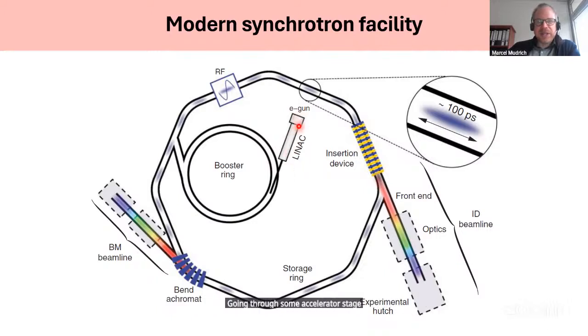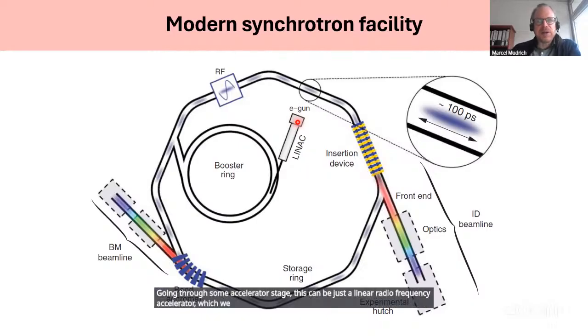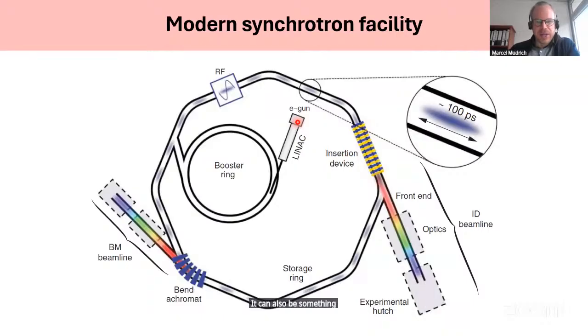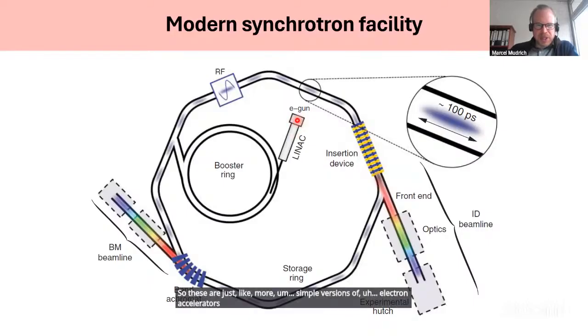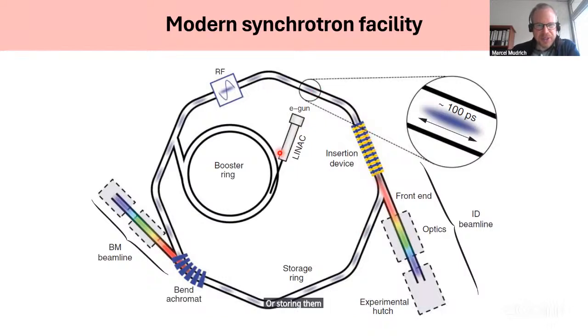This can be just a linear radio frequency accelerator, which we have looked at. It can also be something slightly more involved, like a microtron or racetrack microtron. So these are just more simple versions of electron accelerators to speed up the electrons and get them closer to the final speed that is needed for storing them in the main storage ring.